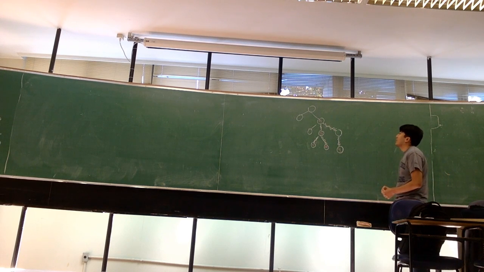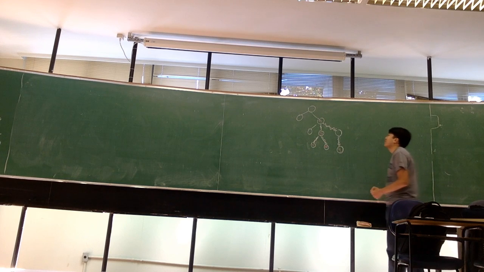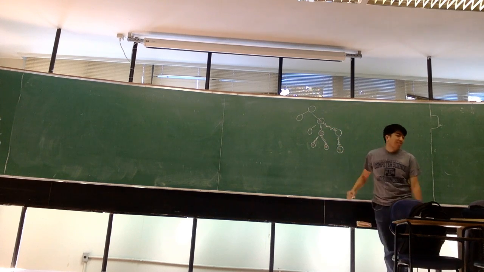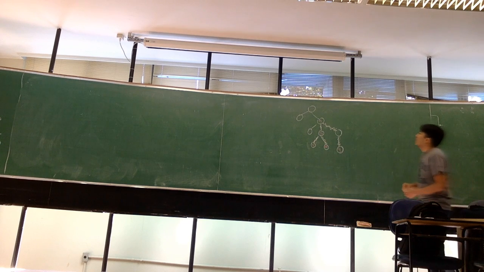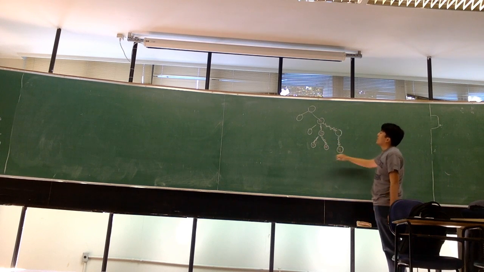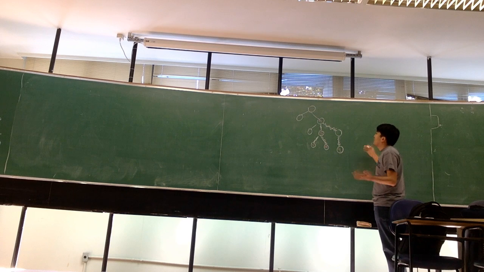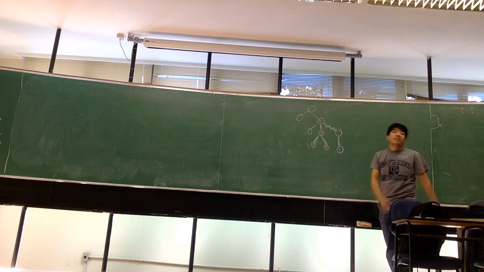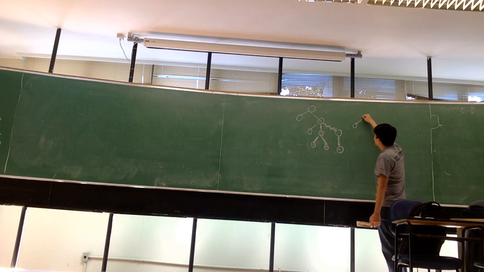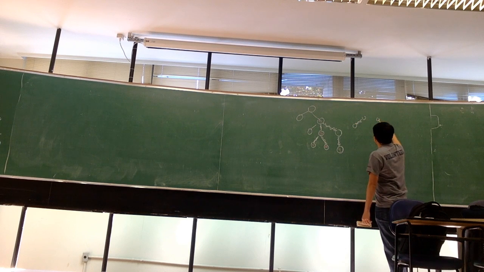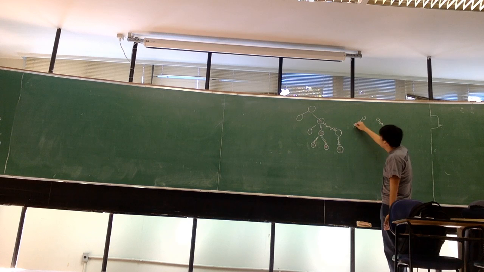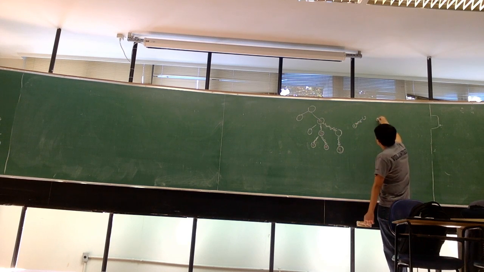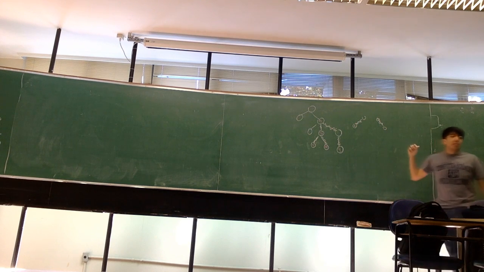Well, the first thing to notice is that the set of edges that you need to consider has to be connected. It has to form a connected component. It doesn't make sense to have one edge here and another edge here, because then some vertex here and some vertex here would not be connected with each other.